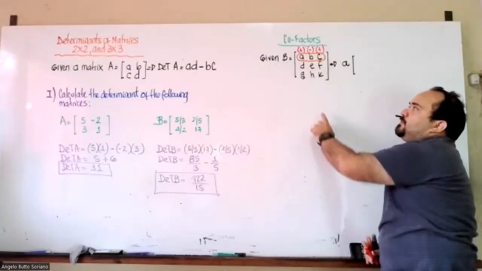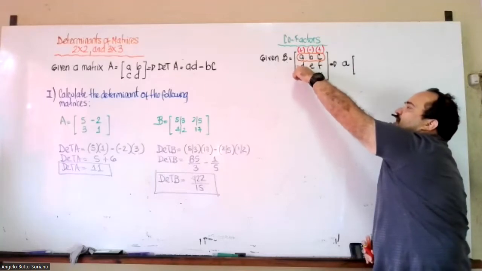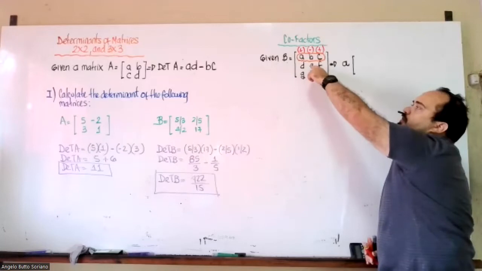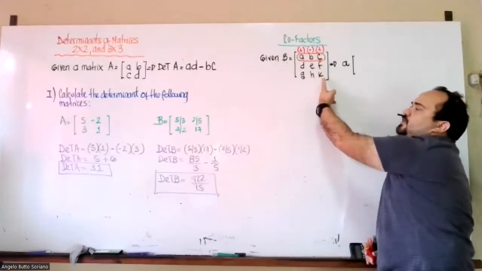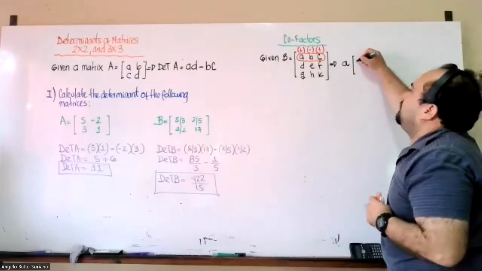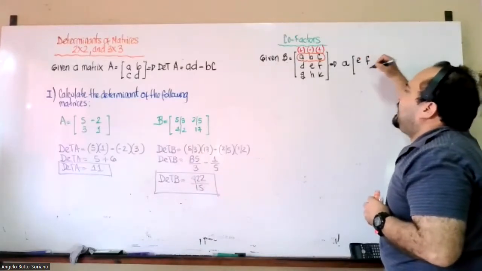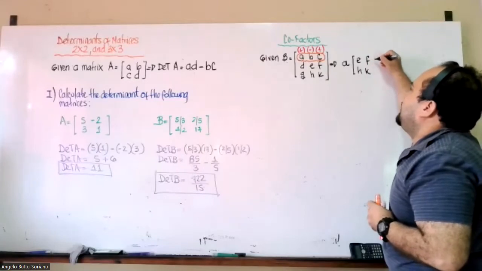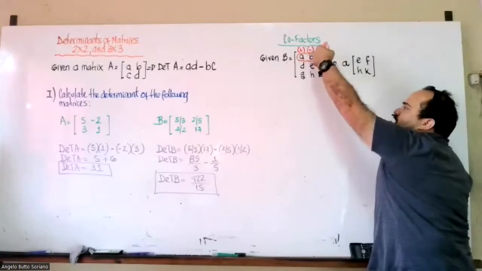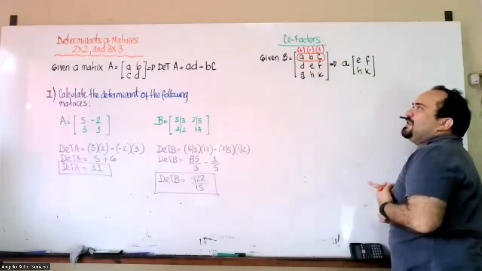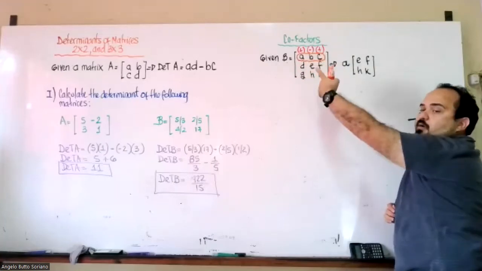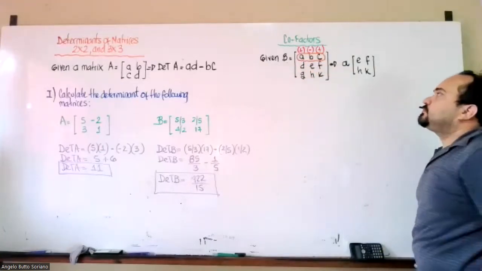What numbers will disappear? B, C, and D, G. What are the remaining variables in this case? E, F, H, K. Well, the remaining variables, this is what I'm going to write over here. E, F, H, K. Again, the row and the column where the letter A is located will disappear, and I'm going to write the remaining variables, okay?